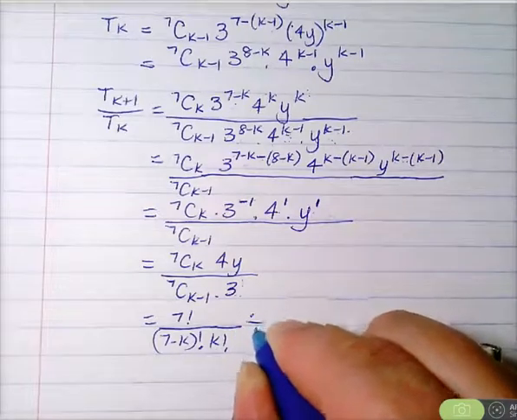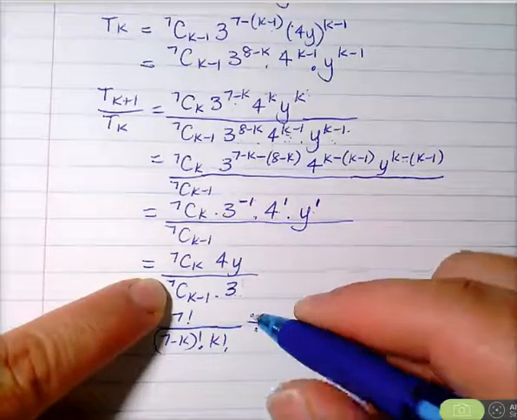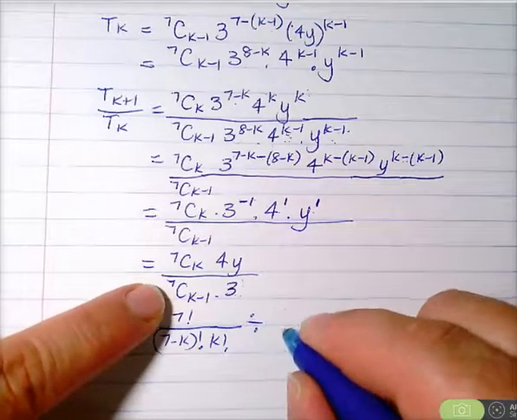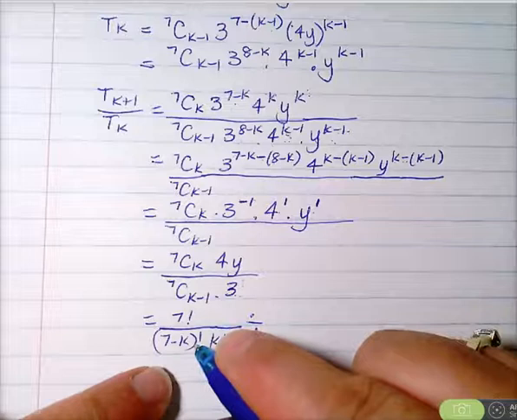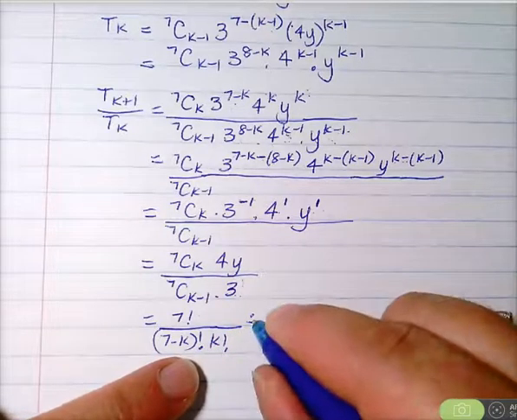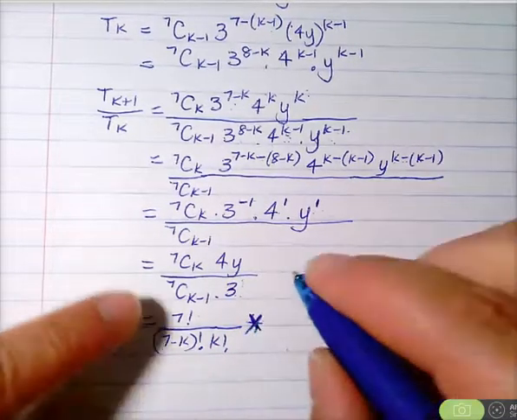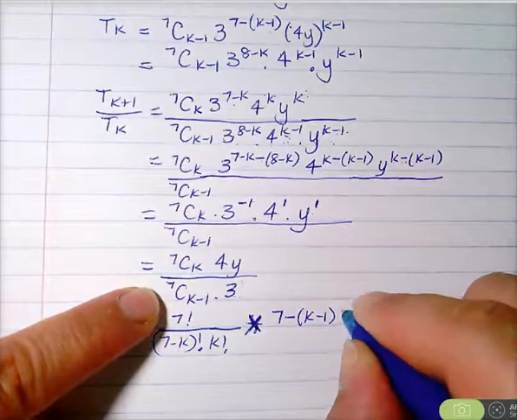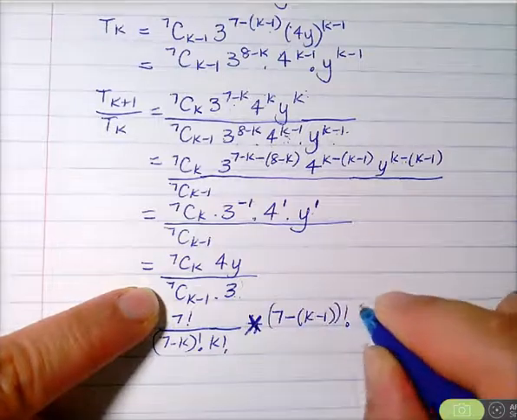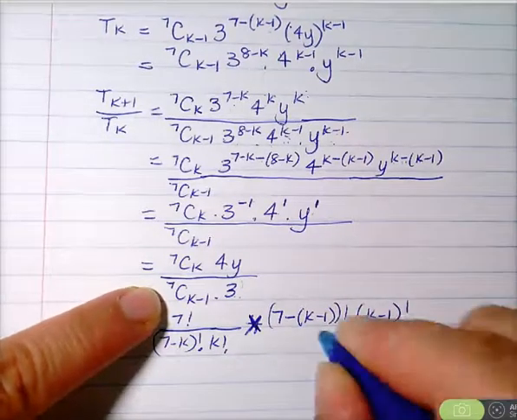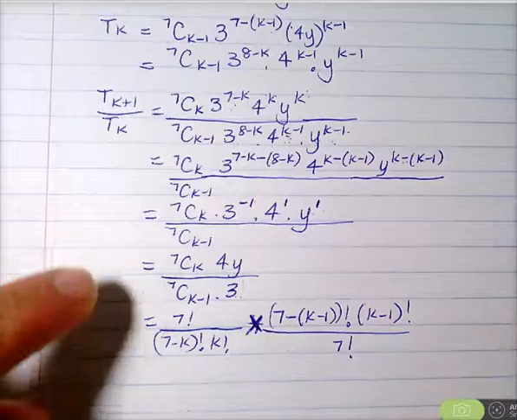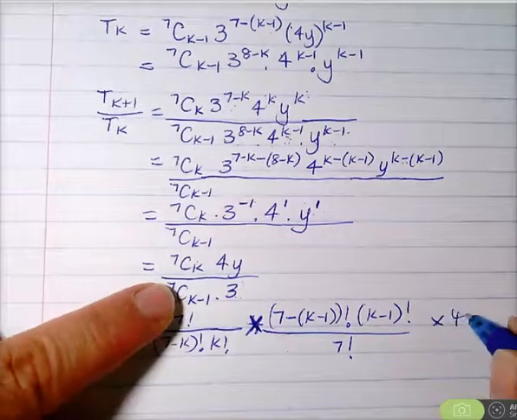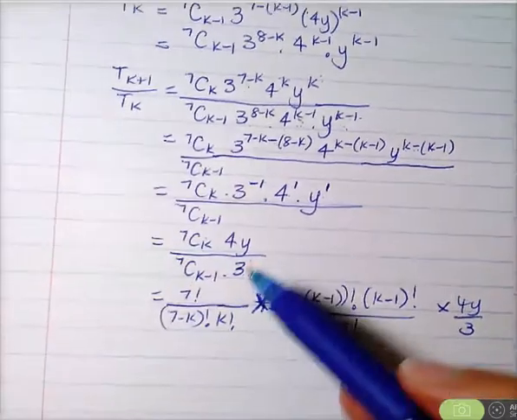And we're dividing it by 7C(k-1), which will be 7 factorial over (7 minus (k minus 1)) factorial times (k minus 1) factorial, or I'm going to go times (7 minus (k minus 1)) factorial times (k minus 1) factorial over 7 factorial. So I've done that divided by that, and we've still got times 4y on 3 over here.